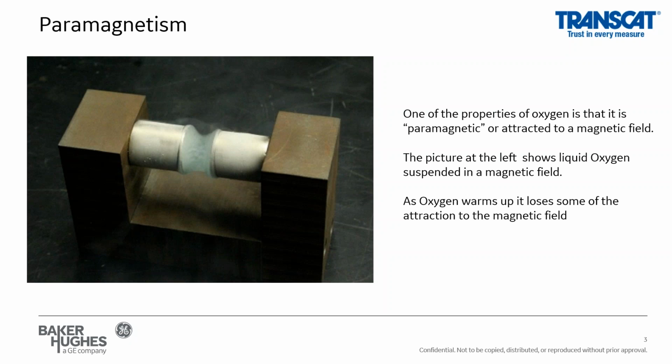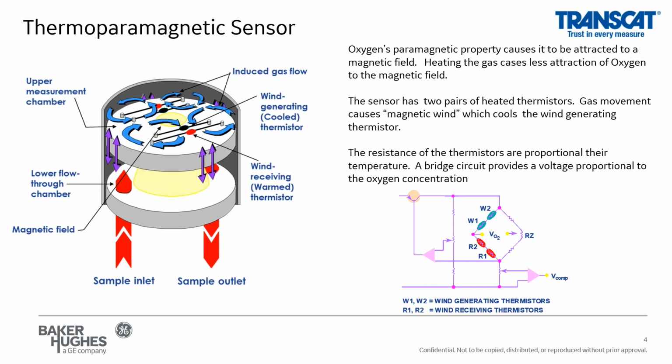Cold oxygen has more of an attraction to the magnet than warm oxygen. So as the oxygen warms up, it loses some of that attraction to the magnetic field. In the sensor we construct, we have a strong magnet, and we have an orifice that controls the flow rate through our measurement cell.